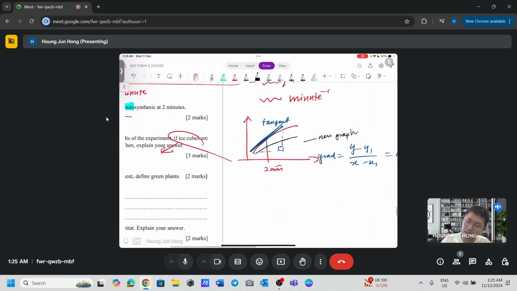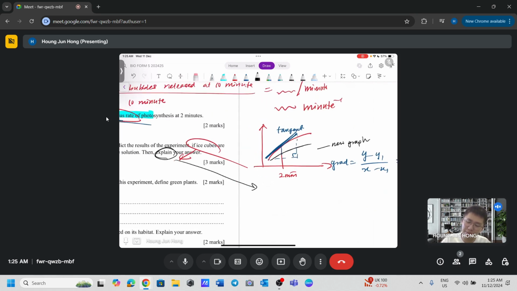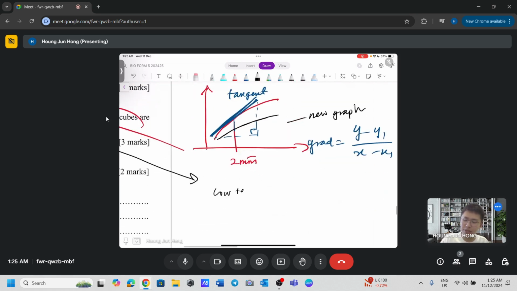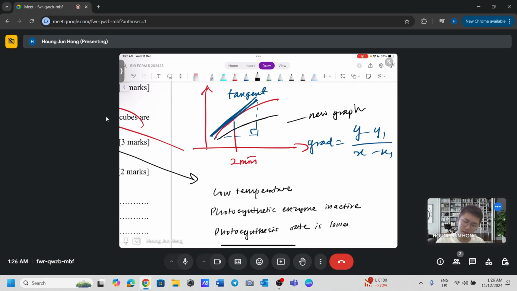Like let's explain this, since they say explain your answer. Basically, at low temperature, the photosynthetic enzyme becomes inactive. Photosynthetic enzyme becomes inactive, so the photosynthesis rate also becomes lower.